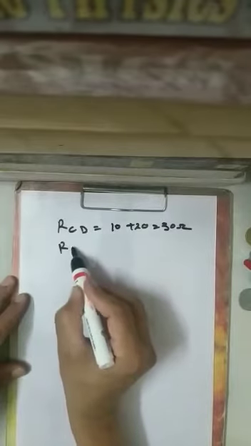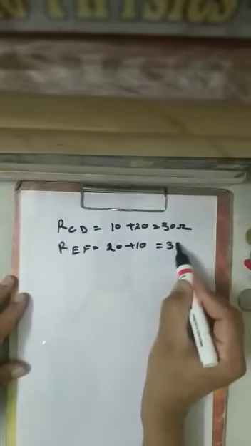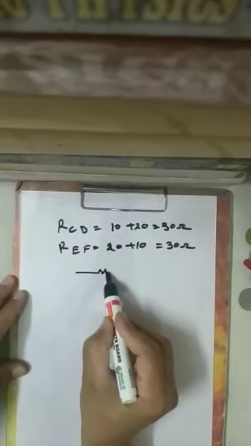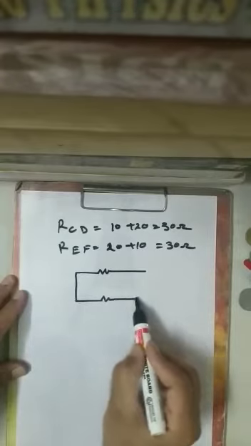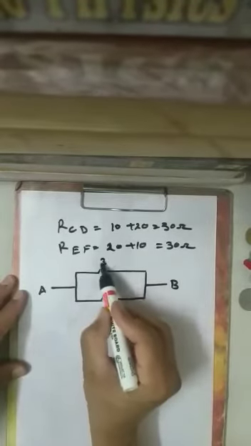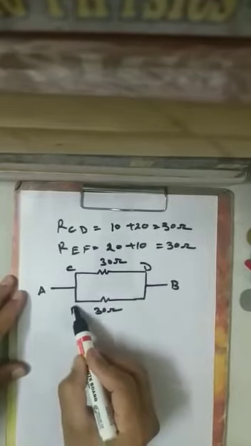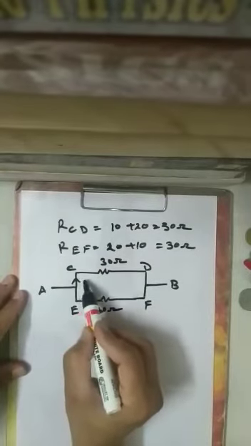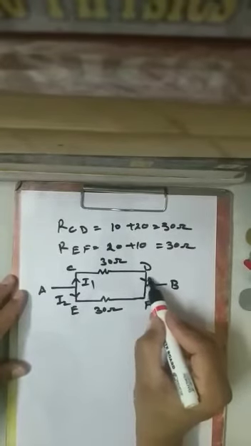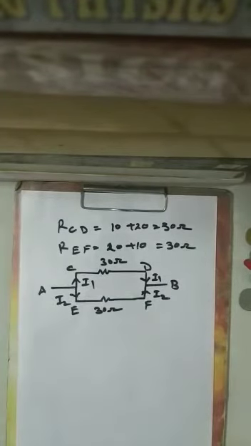Resistance between EF is equal to 20 plus 10 is equal to 30 ohm. Now the diagram became like that.